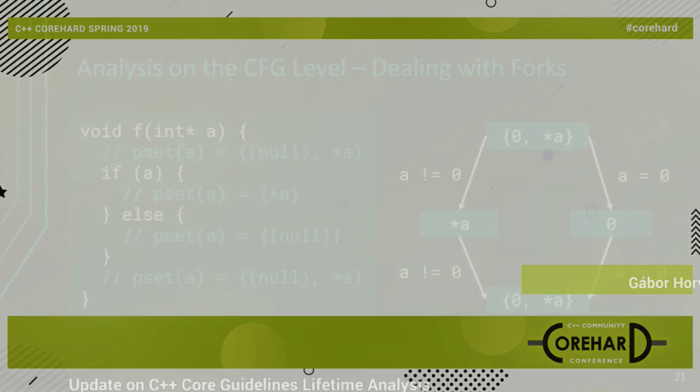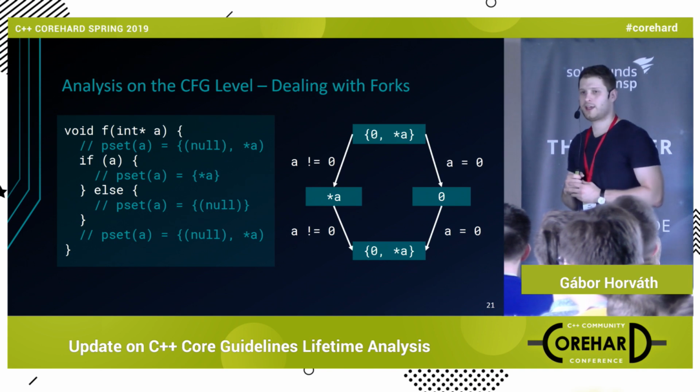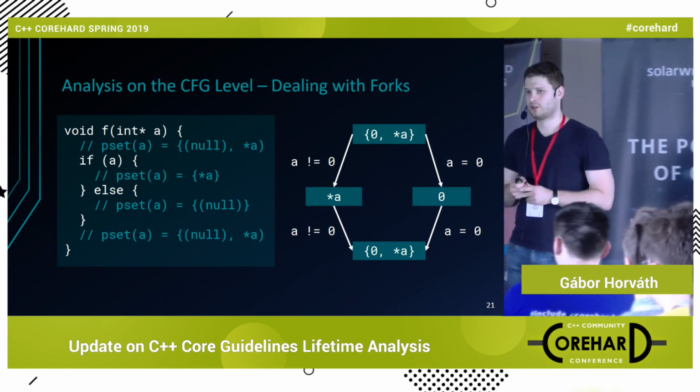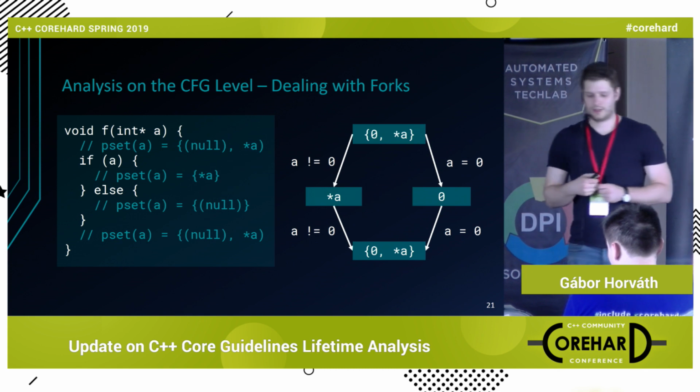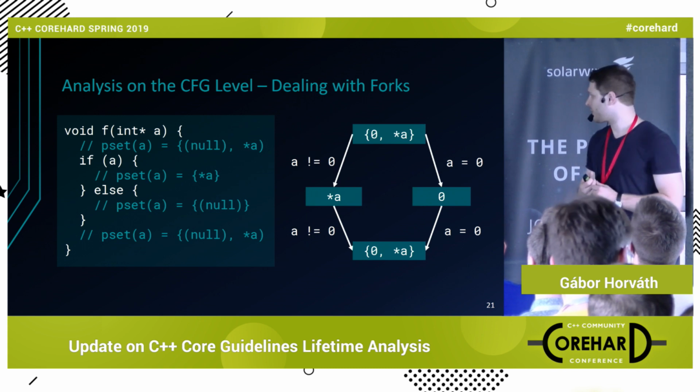But we do not only need to deal with merging points in the control flow graph, but we also need to deal with forks. So for example here, initially we assume that this argument a might either point to some value, we do not know what value, that is denoted by the dereference of a, or it might be null. So later on, when we have a branch and the branch condition depends on a, we need to be sure that we update the points-to set correctly.